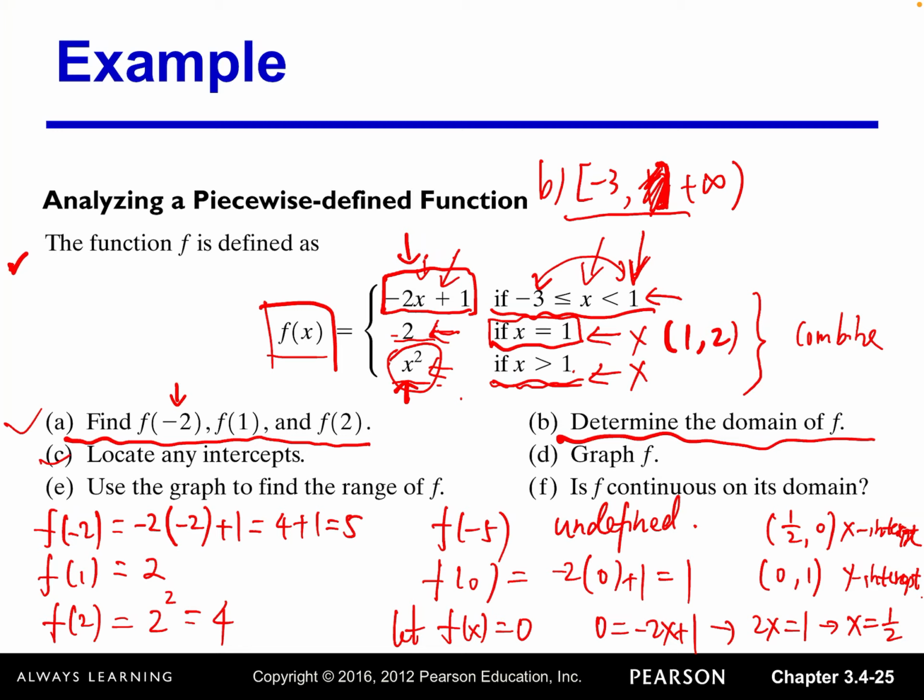In other words, we need to graph the linear function -2x plus 1, and then graph f of x equals 2, which is supposed to be a constant function, right? But the domain of x is only one value, so like I said earlier, that just refers to a single point. And then the next one, the quadratic function, but only part of it, right? So we have to graph those three parts individually.